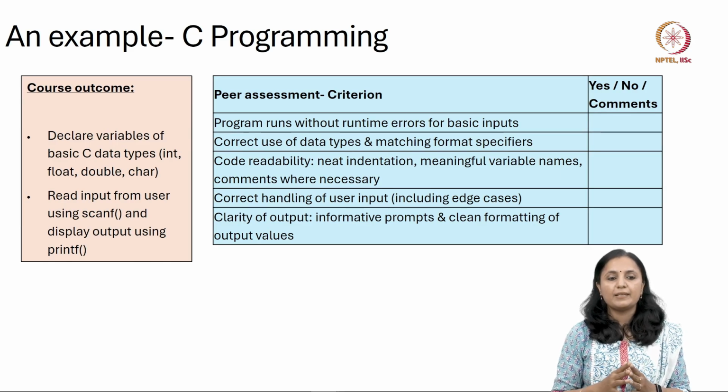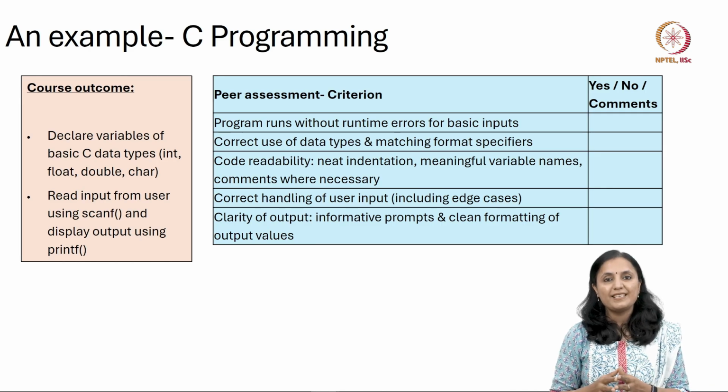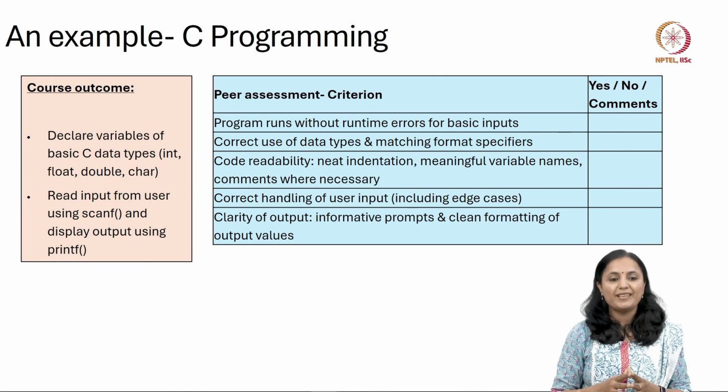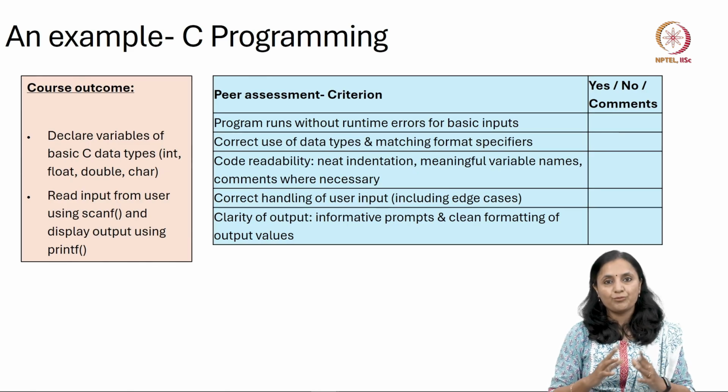And for basic inputs, if the use of data types is correct, if the code is readable. Which means when the peer is assessing, that person is also seeing if they have done it correctly or not. Is the output clear or not, are the prompts informative or not, is the output formatted well or not.